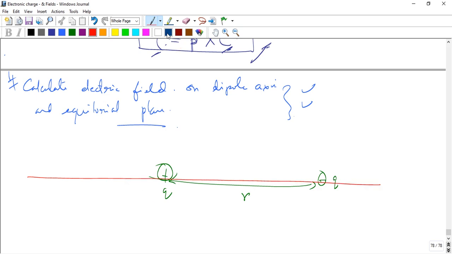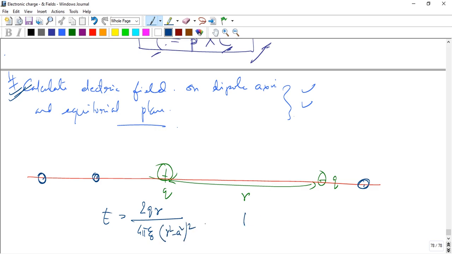So calculate the electric field at that point, or here, or here. That is the electric field on the dipole axis. We can solve these, so please follow the previous lecture. What is the value at a distance from the dipole center? We get the electric field E equal to 2Qr divided by 4 pi epsilon naught, times (r squared minus h squared) whole squared.